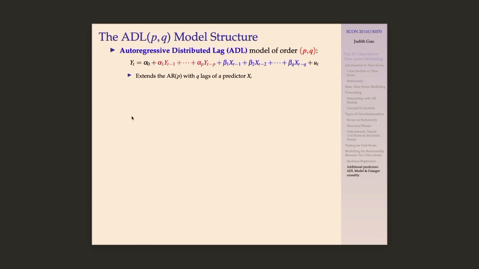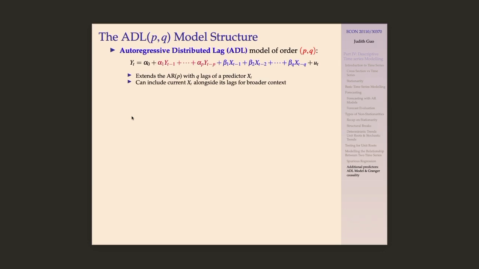So the autoregressive is the AR part. Okay? The distributed lag is the part referring to the lags coming from a different time series. So an ADL model of order (p,q) means that we include p lags of Y and q lags of another time series, say X. So basically, we just extend the AR(p) model we had previously with q more lags of X.